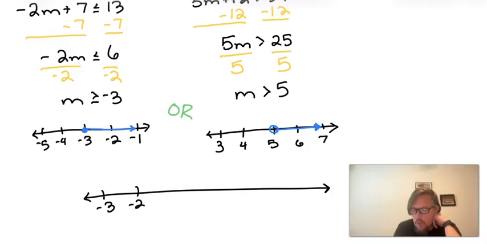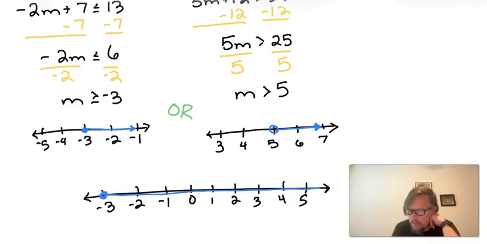Since this is an OR problem, this is going to include both of these together. If I just start at negative 3 and go up, this graph includes both of these. It includes from negative 3 up, and it includes the numbers bigger than 5, just this one negative 3 graph.